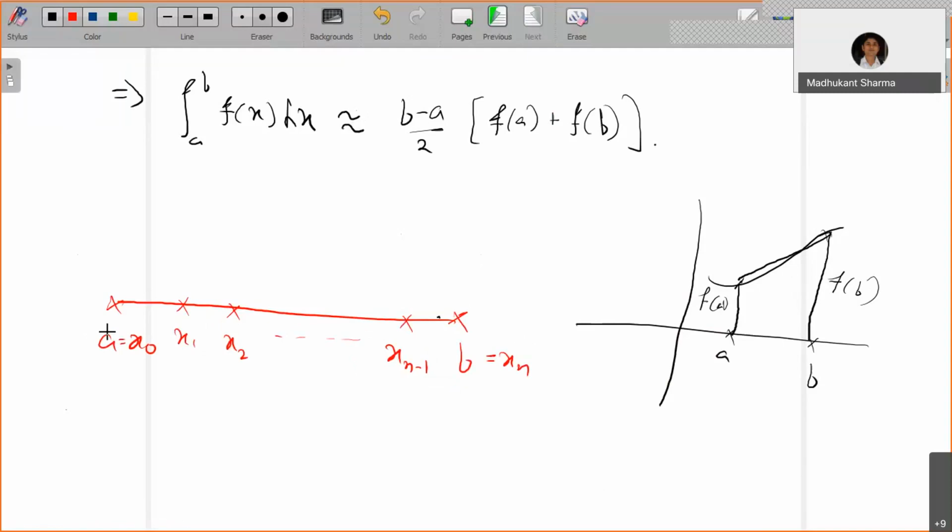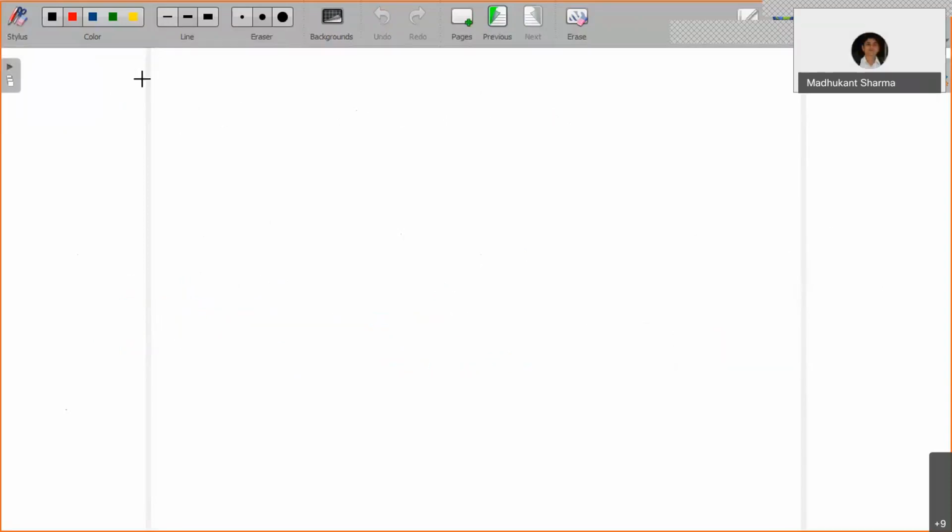Then if you sum up the areas, that will give you the area over the whole interval a to b. So summing up the areas of the trapeziums will give you the integration from a to b of f of x dx. So that is the idea of the composite trapezoidal rule.